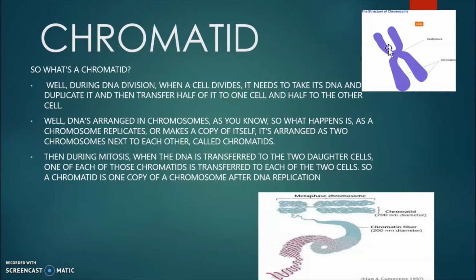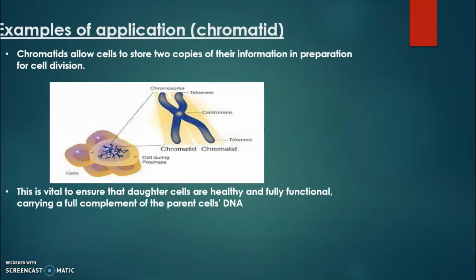Here you can see they are arranged next to each other. So application of chromatid: chromatid allows cells to store two copies of their information in preparation for cell division. This is important to ensure that daughter cells are healthy and fully functional.